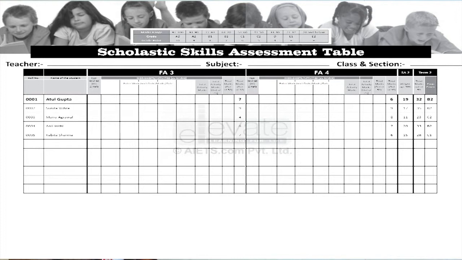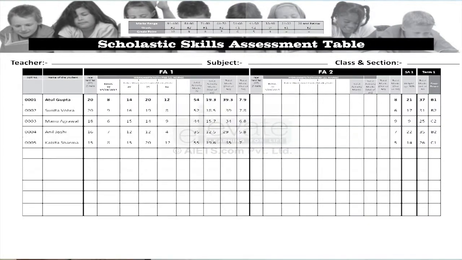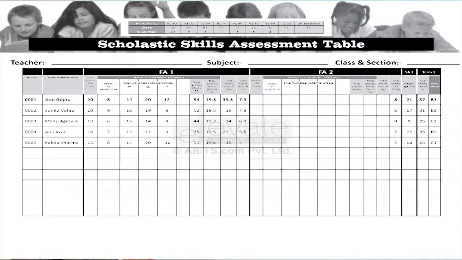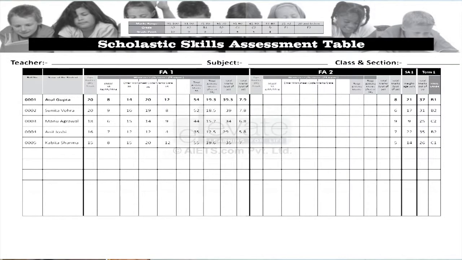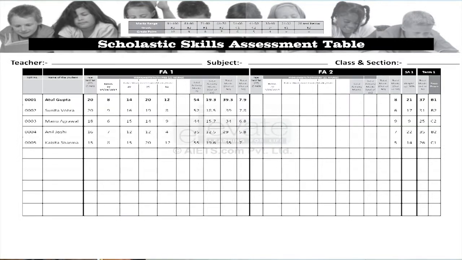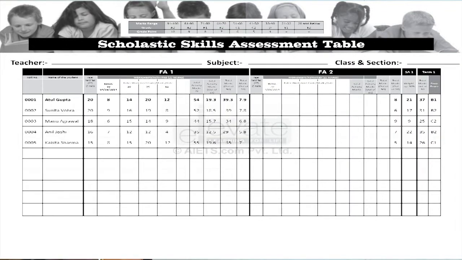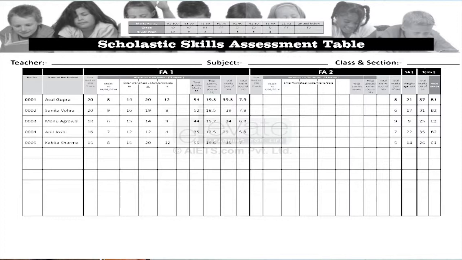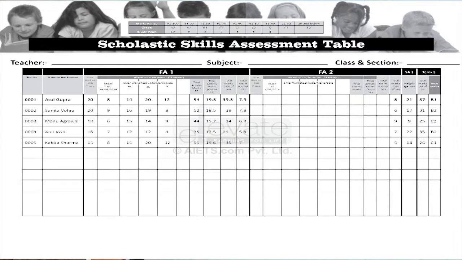Once again we understand, this is the chart given for FA1, FA2, SA1, completely for term 1. Atul Gupta has got 39.3 out of 50, as he got 20 out of 25 in PPT and 19.3 out of 25 in the 4 activities. This way he got 7.9 out of 10 as grading point, which we can say is 8 marks out of 10.